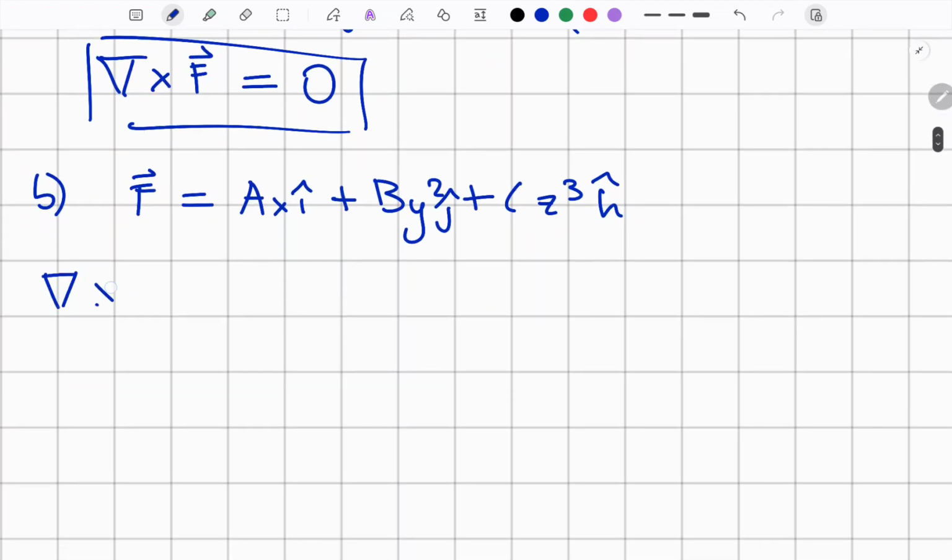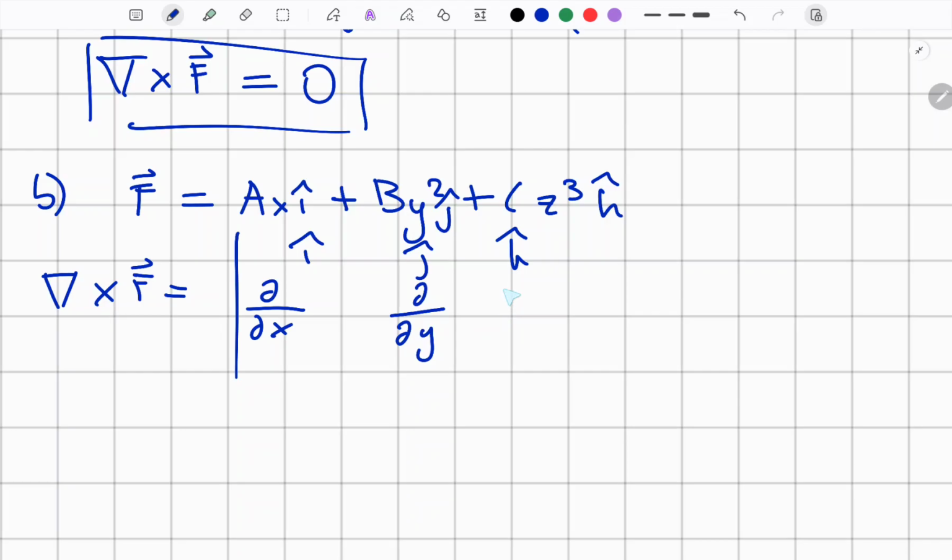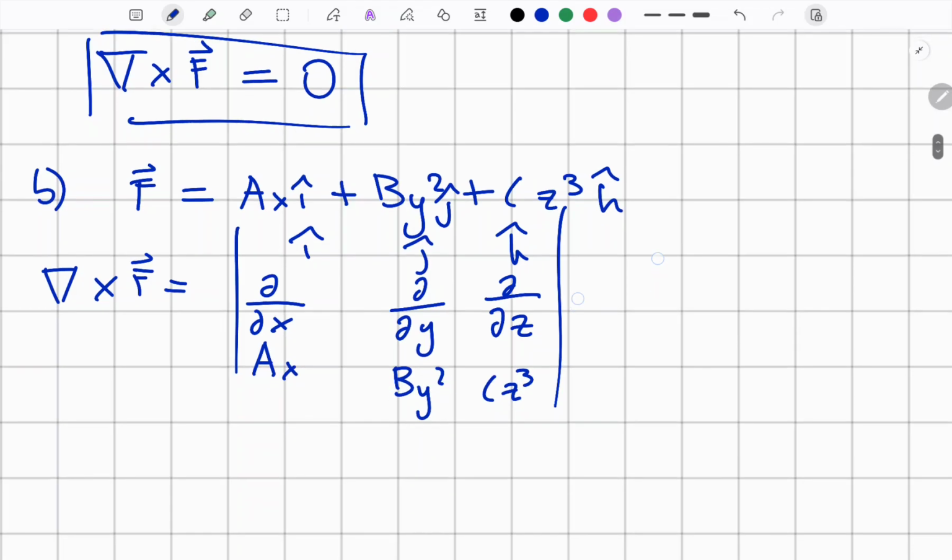So we're going to do the same thing again with our del operator here. This time we're acting on ax, by squared, and cz cubed.